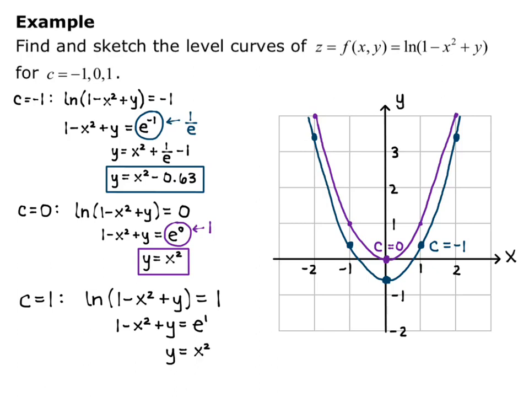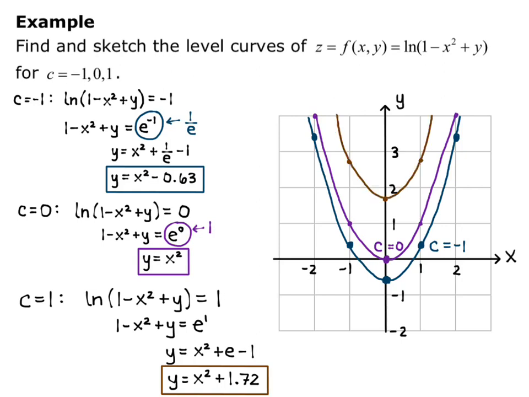So y equals x squared plus e minus 1, which simplifies to y equals x squared plus 1.72. So we get a parabola with y-intercept 1.72. And that gives us an idea of the typical level curves for the function z equals natural log of 1 minus x squared plus y.